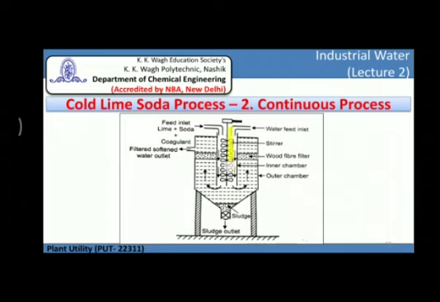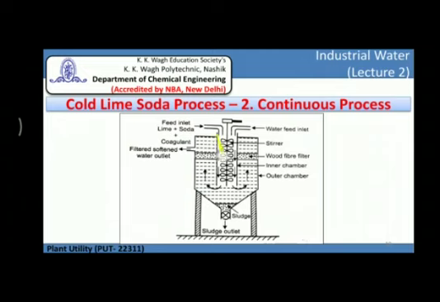This one is a stirrer which is continuously rotating, and these are the wood fiber filters for filtration, and this one is a filtered water outlet pipe. Now we will see the process which occurs in the continuous process of cold lime soda.